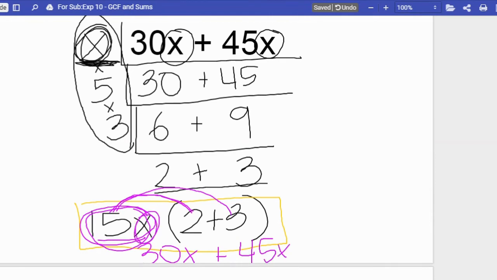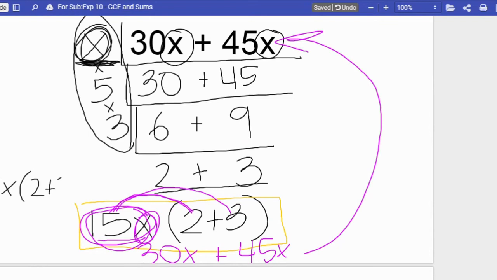Plus, the 15x is going to 3. 15 times 3 is 45, and that x comes through too. Got me back to my original. So, kind of messy, but my answer: the greatest common factor is 15x, and the sum is 2 plus 3.